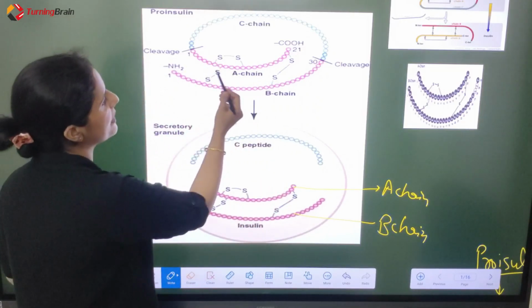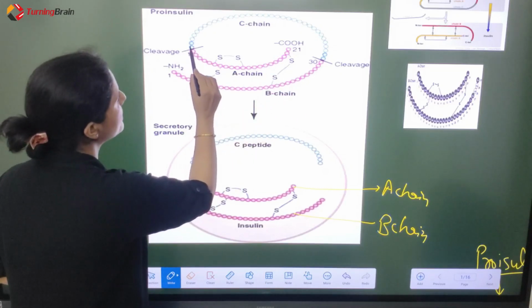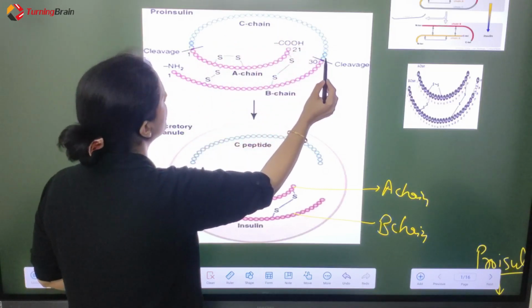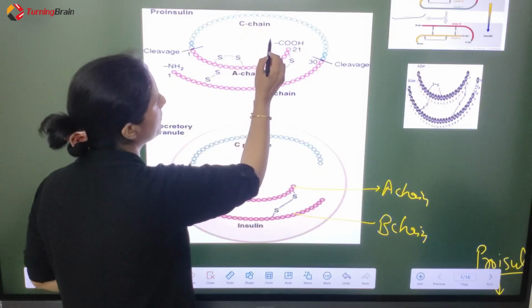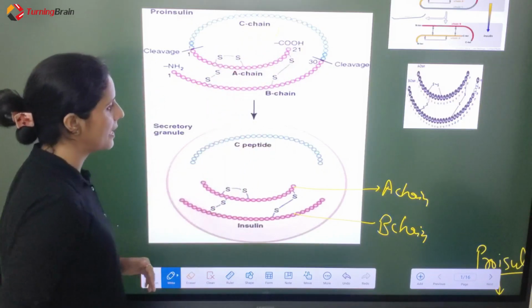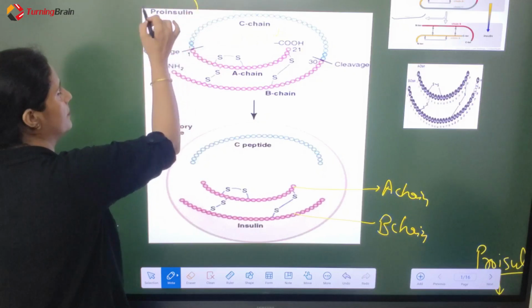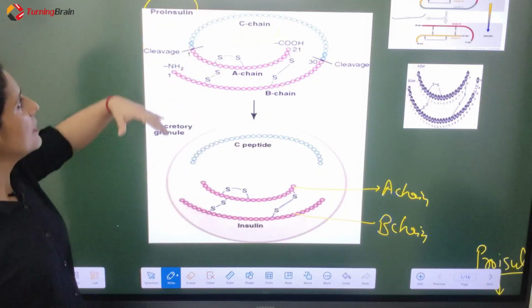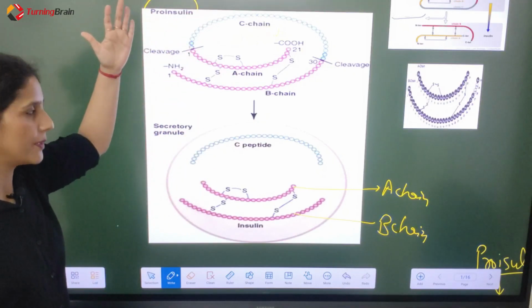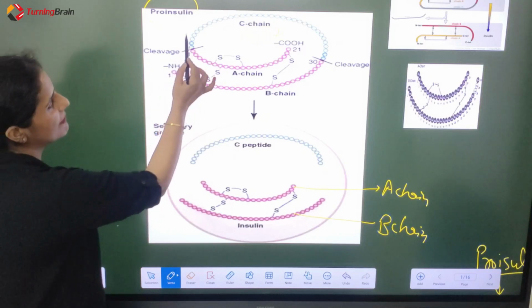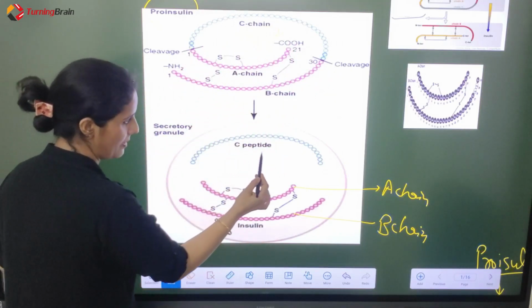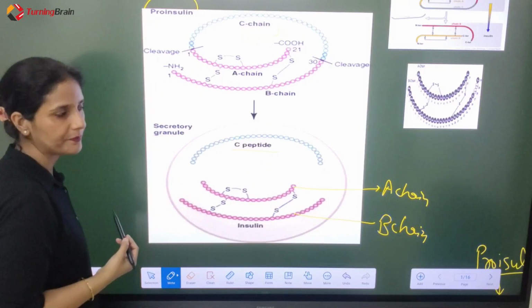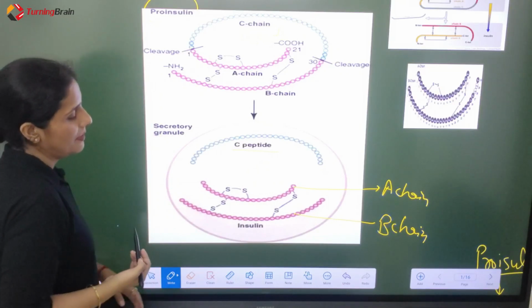And when with the A chain and B chain there is a C chain attached, or you can say it is C-peptide, then it is known as proinsulin. Pro means just before it. Fine. So there is a cleavage of this C-peptide, and then it becomes insulin and C-peptide. Fine.